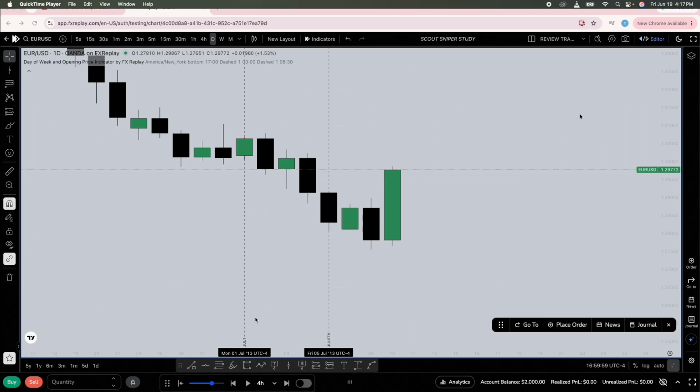So let's go. Basically this is that period, July 1st to July 5th, on EURUSD. As you can see right here, this is a market structure shift, or a break in market structure, because this is a swing low.